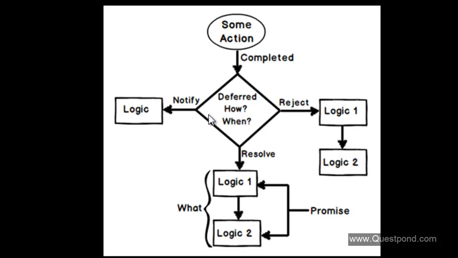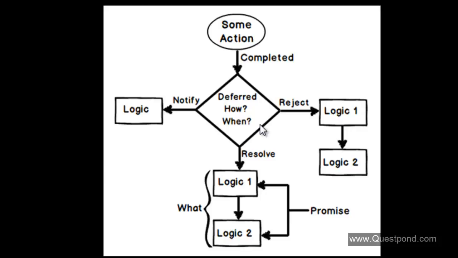Or if it is a notification, then run some other logic. So basically, defer decides how and when the promises should run, while promises define what logic should run. The promises are the actual logics, while defer is just a conditional thing which decides which logic should run.